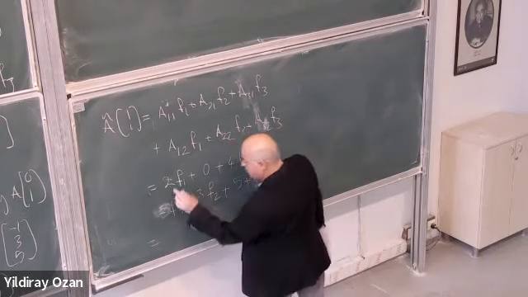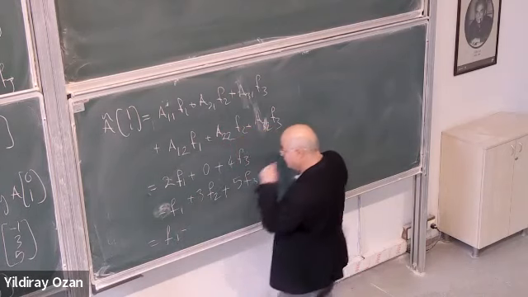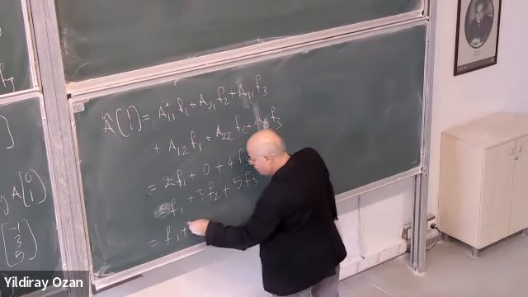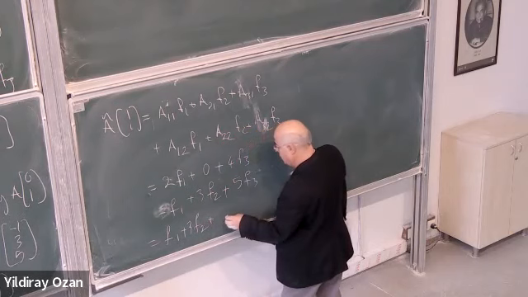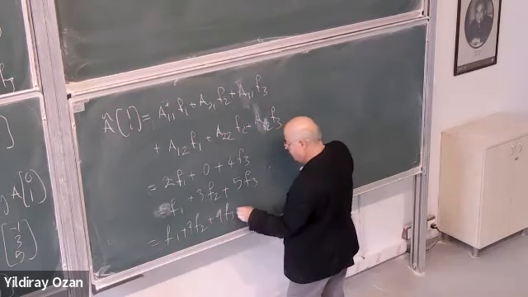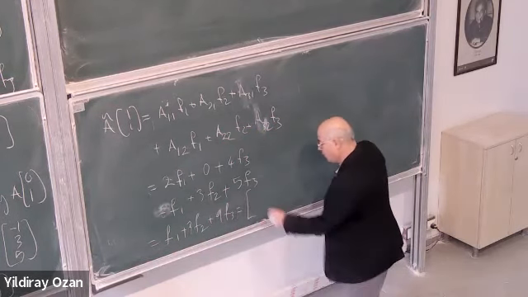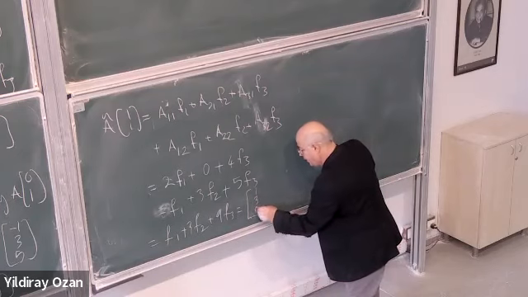So it is just F1 plus 3F2 plus 9F3. So it is just 1, 3, and 9, right?